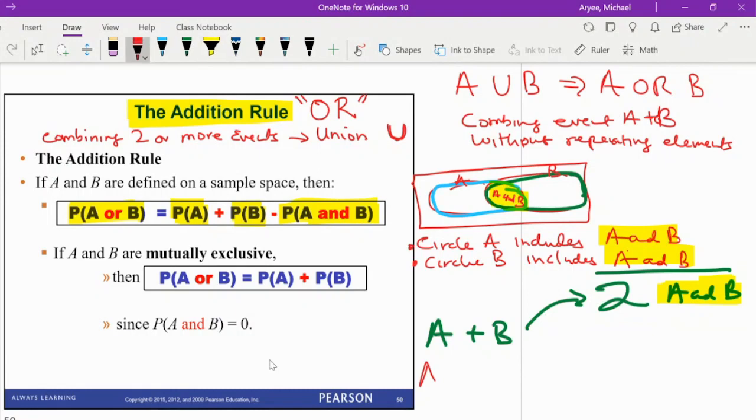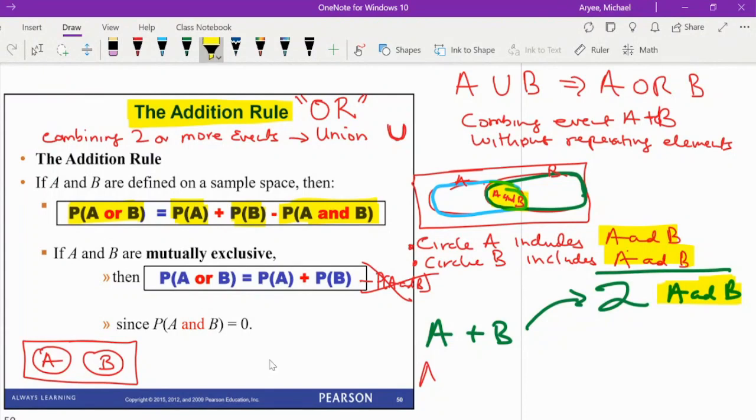However, note that if the two events are mutually exclusive, remember we did a little bit of mutually exclusive before, the two events do not have any overlap. There is no A and B because there's no overlap. So the part that says minus P of A and B goes out because that is 0.